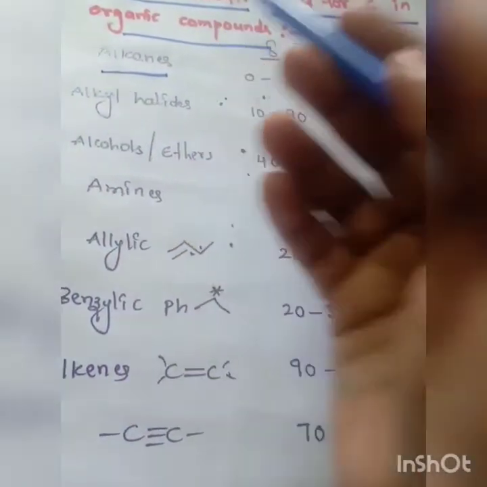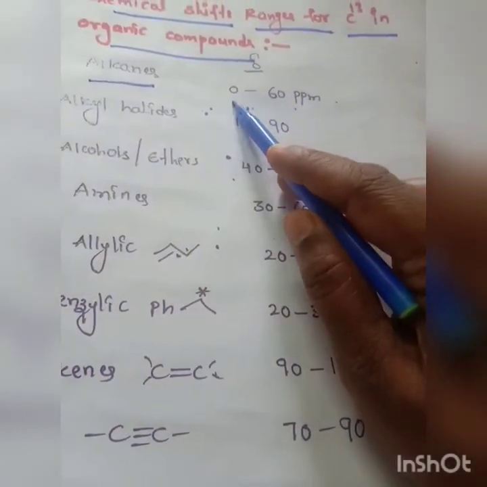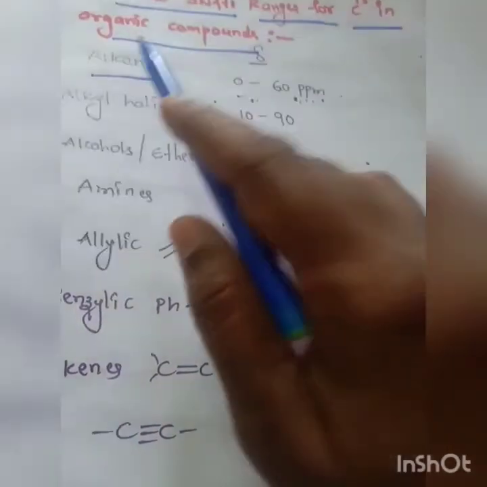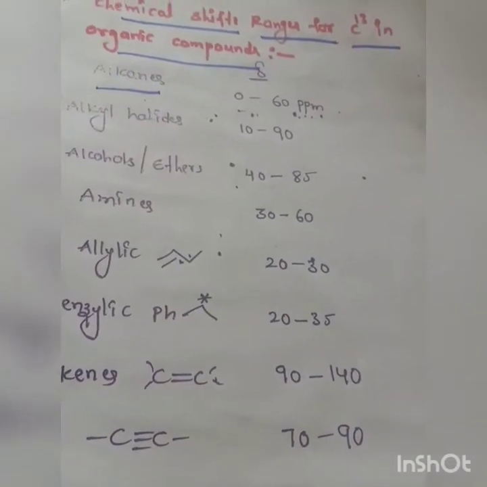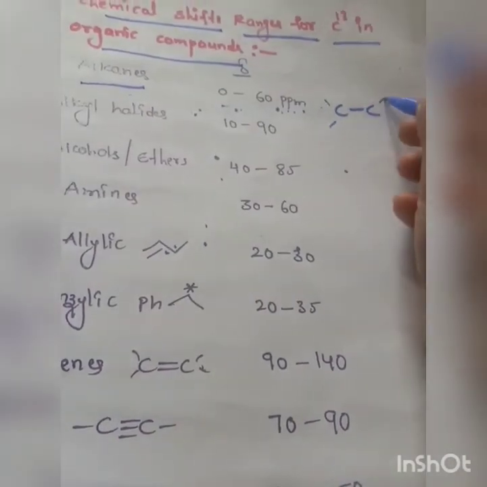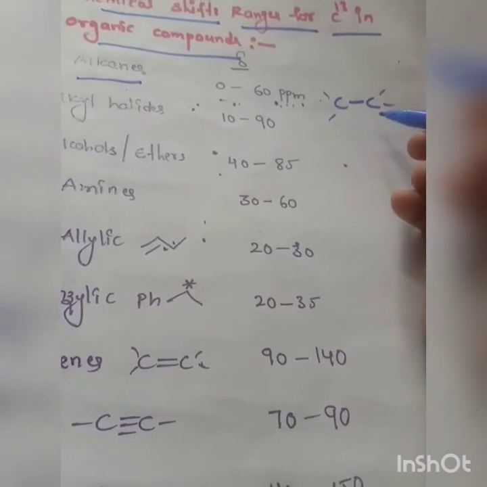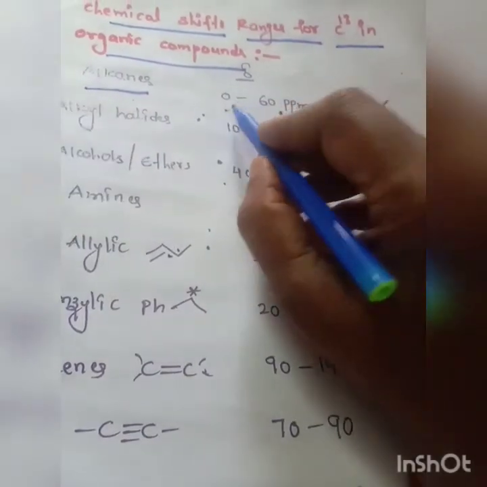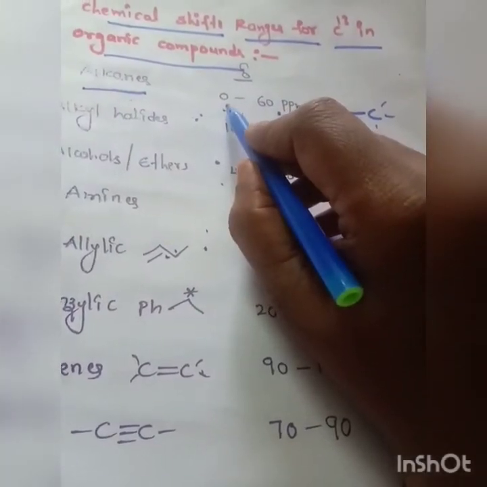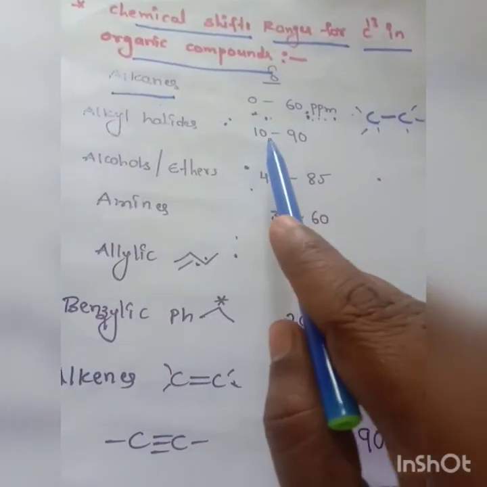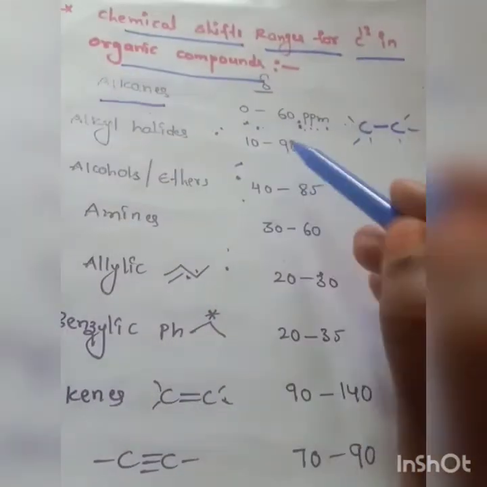Okay, so let us look at alkanes. Alkanes have a chemical shift value of 0 to 60 ppm, parts per million. Alkanes means only C single bond C, right? So for all these alkane carbons, the range of C13 chemical shift is 0 to 60. Alkyl halides, 10 to 90.